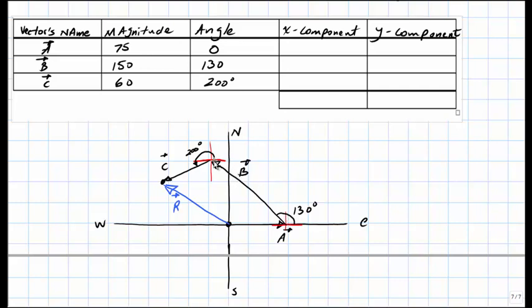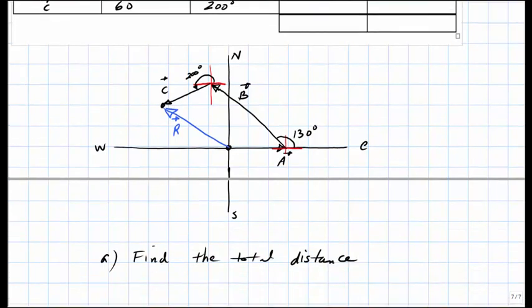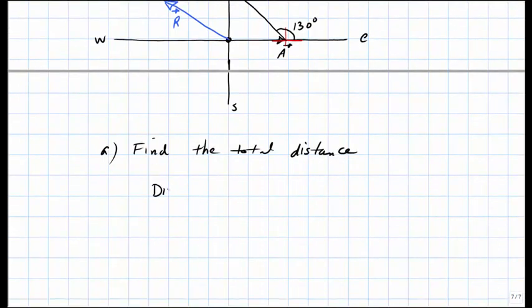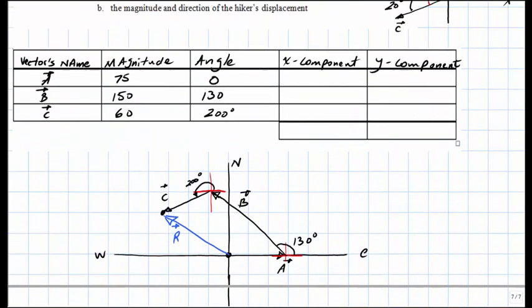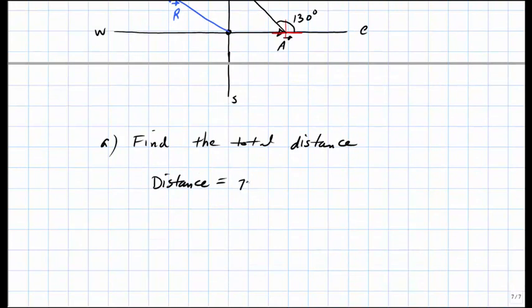Sorry, let's backtrack. 75 meters this way, 150 meters that way, plus an additional 60 meters. So let's add these three values up. And if we add these, we end up with 285 meters for the total distance.